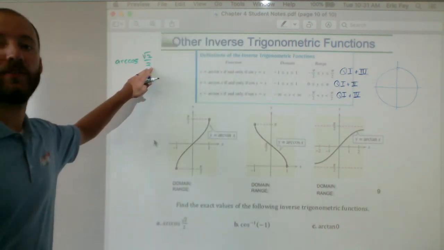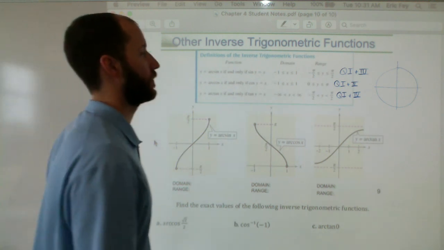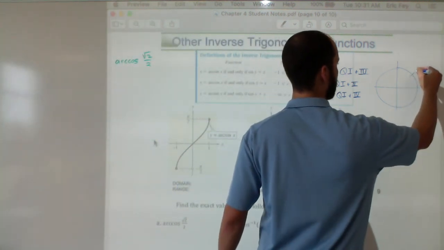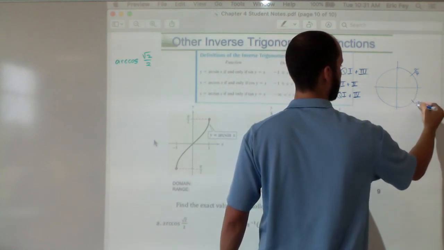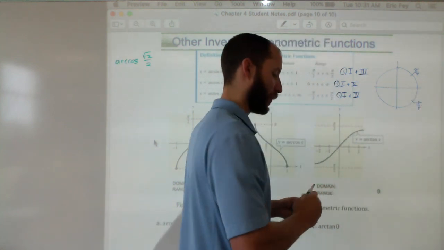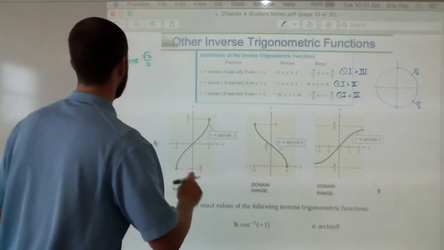Cosine is x. Where do you see x coordinates of positive root 2 over 2? Well, that would be here at pi over 4. That would be here at -pi over 4. That's where you see x coordinates of positive root 2 over 2.